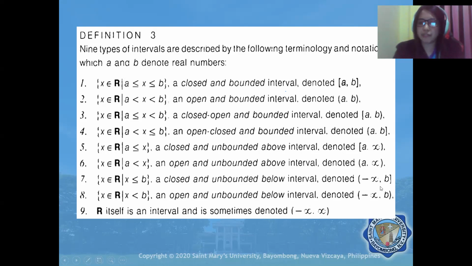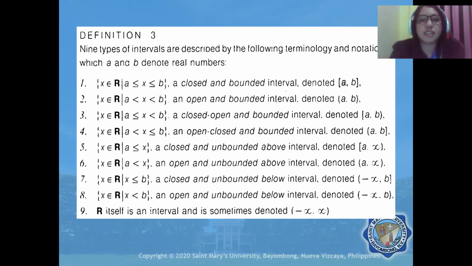For number 7, for letter B, we have a closed and unbounded below interval, and an open and unbounded below interval. If you notice now, as mentioned, we use the word closed if it contains the equal sign, that is, if the letter or number it represents is included.